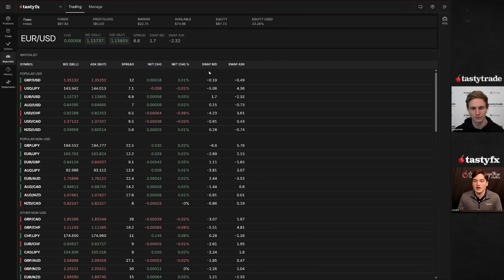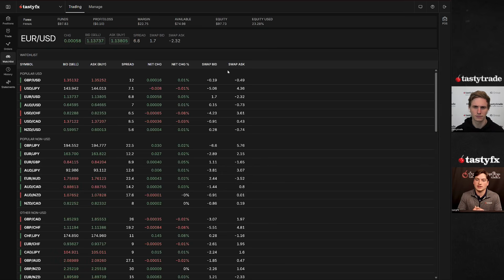And then here we've got our swap bid and swap ask called out. These are the indicative overnight funding rates, and these are quoted in pips just like this spread is. So this will tell you if you're holding a position past 4 p.m. Central, you are subject to holding this position overnight.